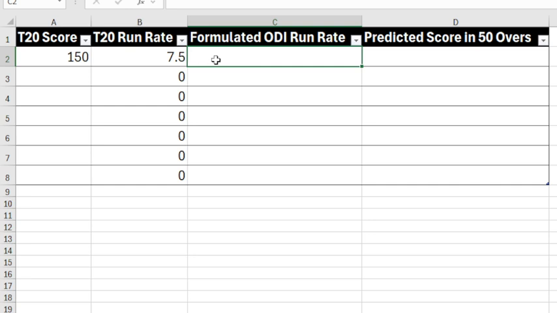Now the formula devised here to convert that run rate of T20 to an ODI is 2 by 3. Basically, what we are doing here is we are dividing the score by 3 and multiplying by 2. In general terms, we are reducing it by one third. So a T20 run rate reduced by one third.